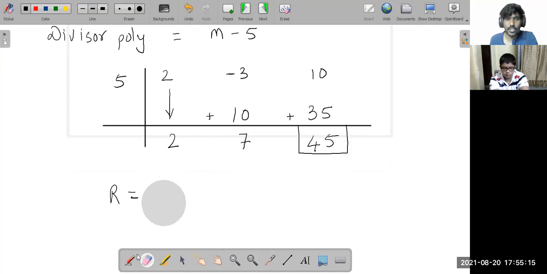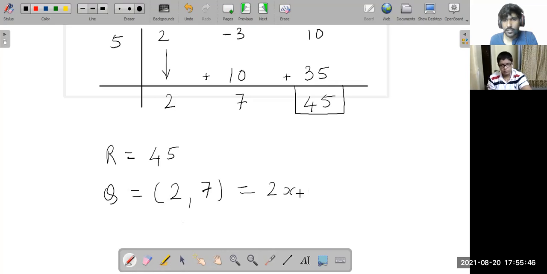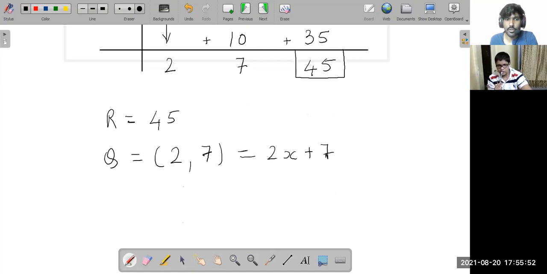Can you tell me what will be the quotient? Tell me the quotient polynomial directly, if you can. If you're getting confused, you write the coefficient form. It will be 2m plus 7. Yes, 2m plus 7. And then you have to write it in that form also: dividend is equal to divisor into quotient plus remainder.